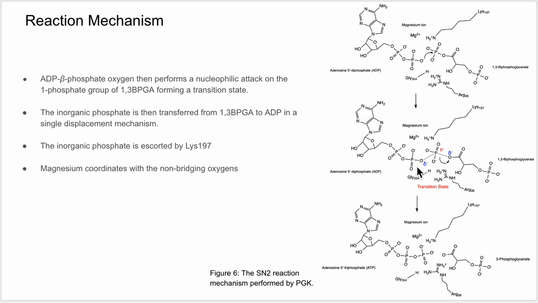Arginine 36 is bound to a water molecule that is centered in the trajectory of the inorganic phosphate transfer, and its guanidinium group interacts with the carboxylate group of 3-phosphoglycerate after catalysis. The magnesium ion coordinates with the non-bridging oxygens in ADP, and then the non-bridging oxygens of ATP to stabilize the molecules.